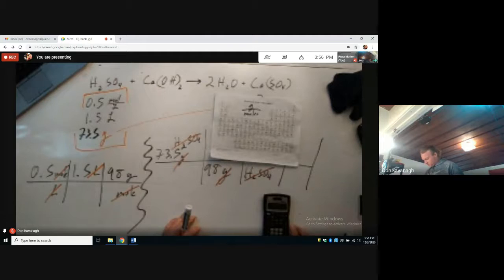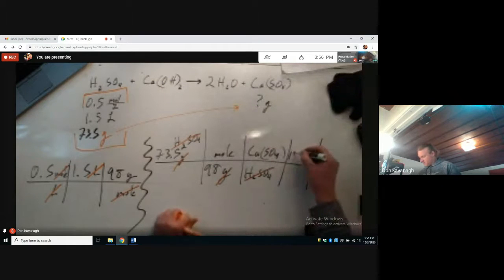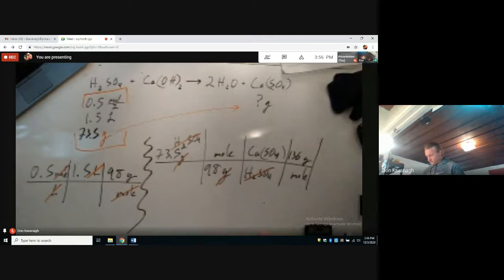Whoops. 136 grams per mole for calcium sulfate. Moles cancel. So in this second step, in this second scaffold, everything cancels out, and we'll solve for the grams of calcium sulfate that could be produced in this reaction.